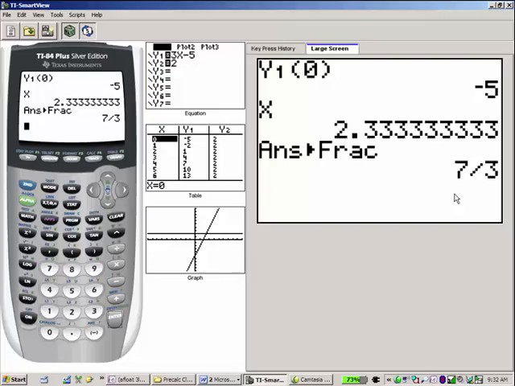Evan, then Monty, maybe? When you were finding that, you went into second calc intersect, and then it asks for the curves, right? First curve, second curve. Is first curve the equivalent of left bound?